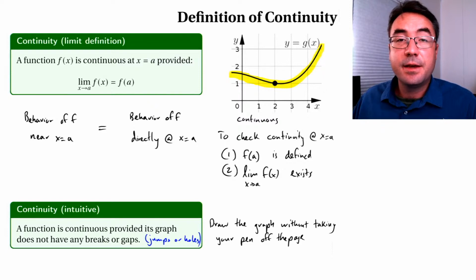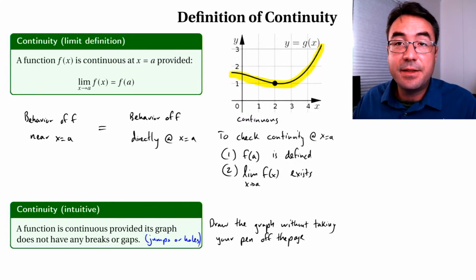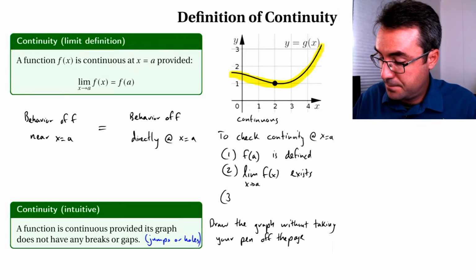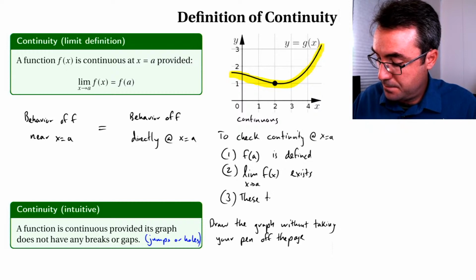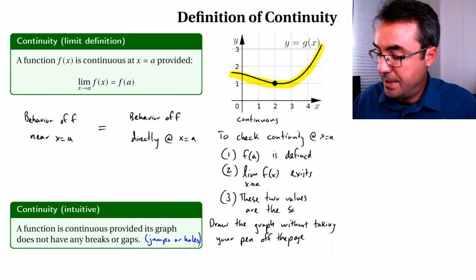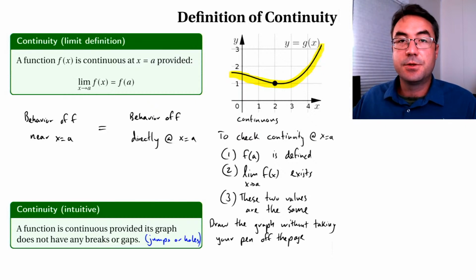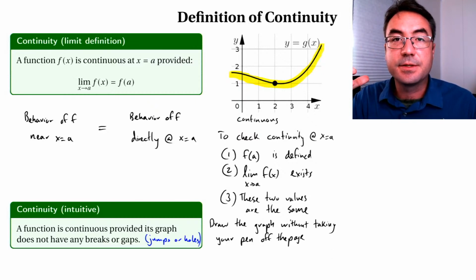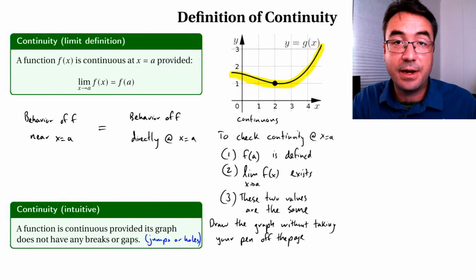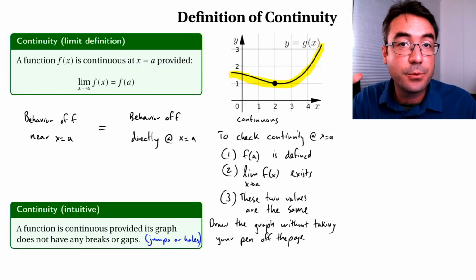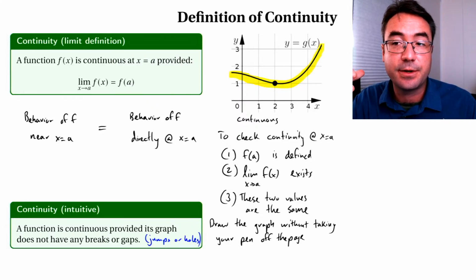And then finally, those two values have to be exactly the same. So they need to be the same. So we first make sure it's defined, then we do the limit, make sure that exists, and then we just compare those two results and make sure that they're equal to each other.